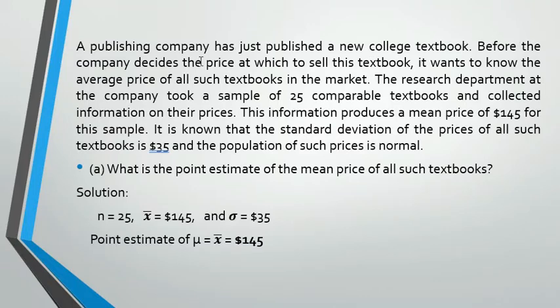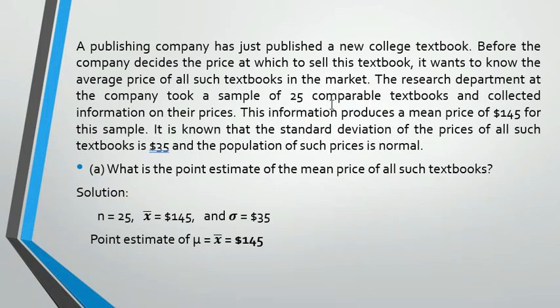A publishing company has just published a new college textbook. Before the company decides the price at which to sell the textbook, it wants to know the average price of all such textbooks in the market. The research department at the company took a sample of 25 comparable textbooks and collected information on their prices.